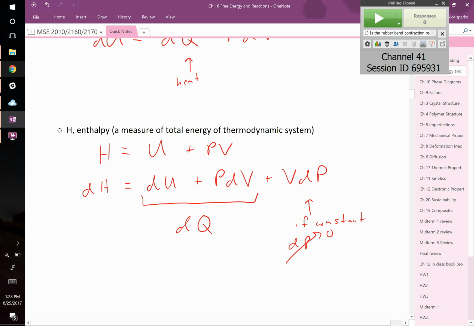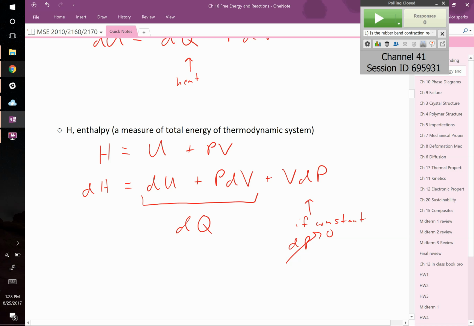This is convenient because then we can start saying, okay, the change in enthalpy, the total energy of a system, if it's done at constant pressure, which a lot of things are, is only the heat that's generated or lost, right? So enthalpy is whether something, maybe you've heard this in chemistry, is exothermic or endothermic, whether it absorbs heat or gives heat off. That's really a measure of the enthalpy.